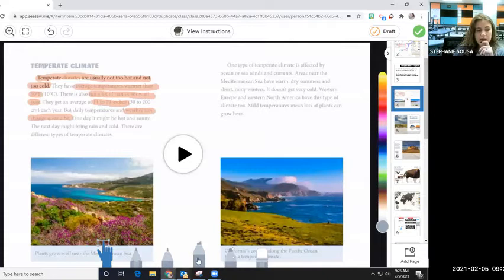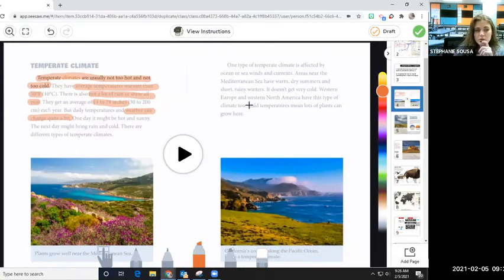Let's keep reading. There are different types of temperate climates. One type of temperate climate is affected by ocean or sea winds and currents. Areas near the Mediterranean Sea have warm, dry summers and short, rainy winters. It doesn't get very cold. Western Europe and Western North America have this type of climate too.